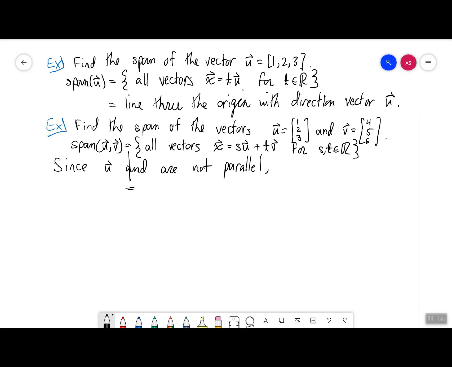We might as well take s equals 0 and t equals 0, which gives us x equals 0. So this is the plane through the origin with direction vectors u and v.